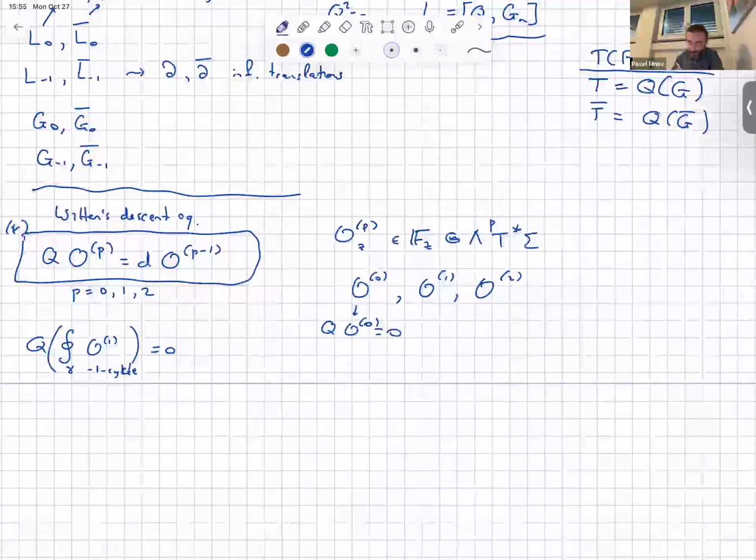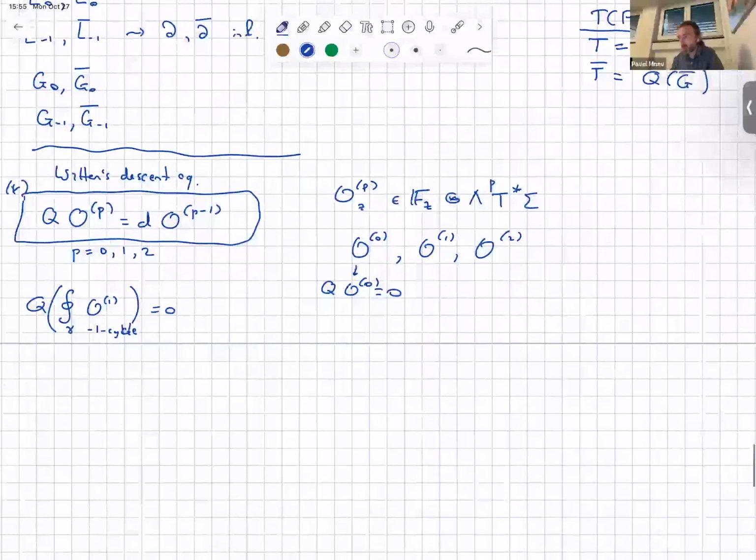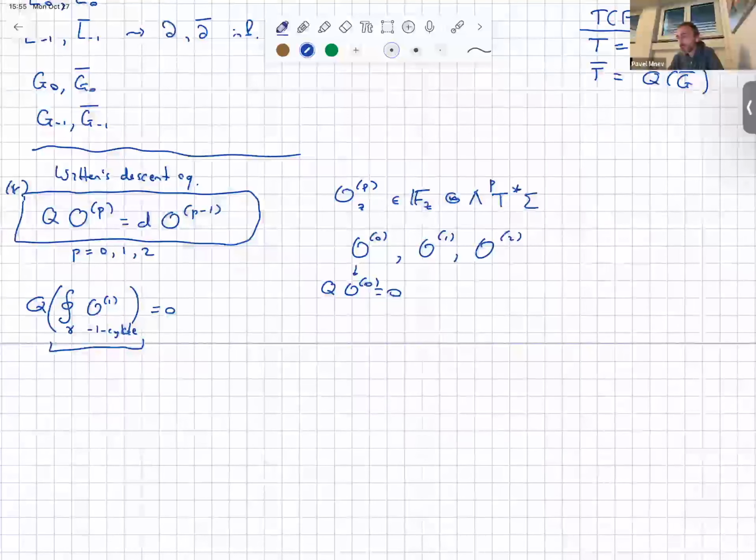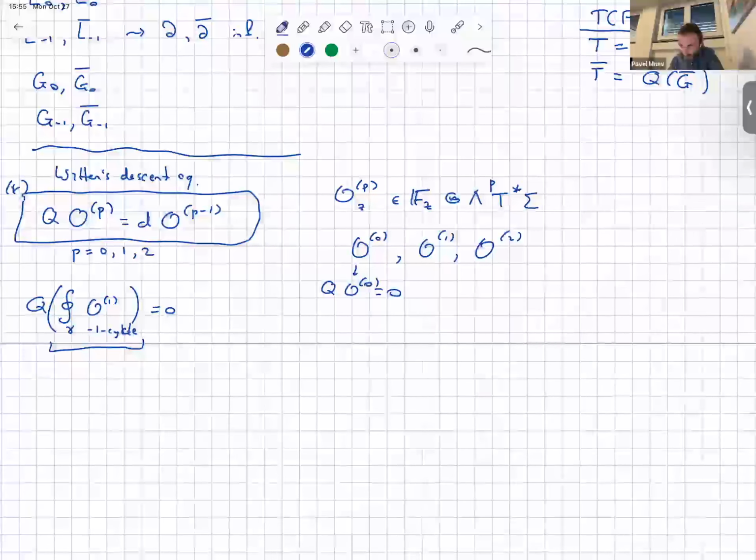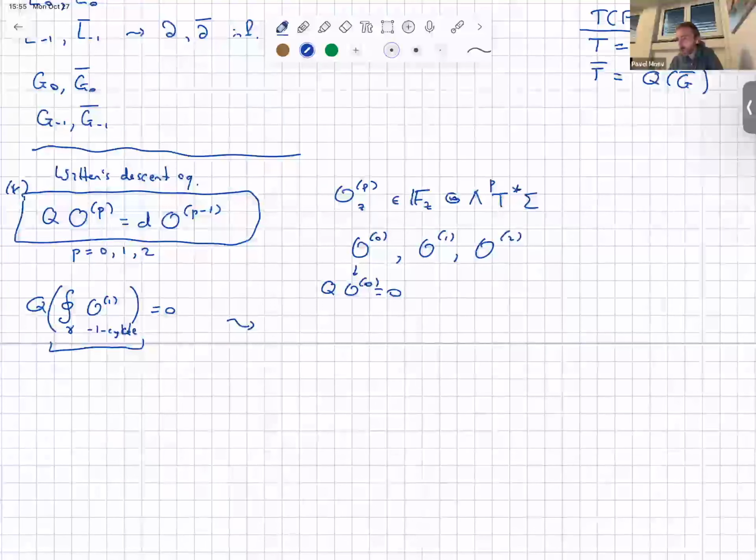And likewise, I can integrate a two-form observable O2 over some two cycle. So for instance, over the entire surface, if it's a closed surface, and that's also a Q-closed object. So having Q-closed objects, it's interesting to calculate correlations of such Q-closed observables.